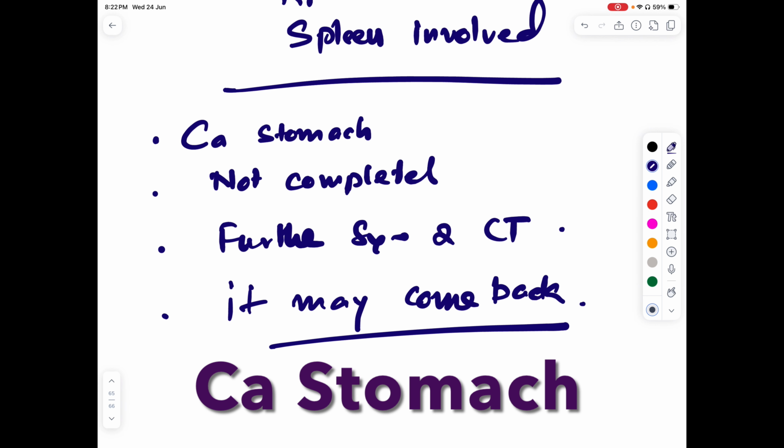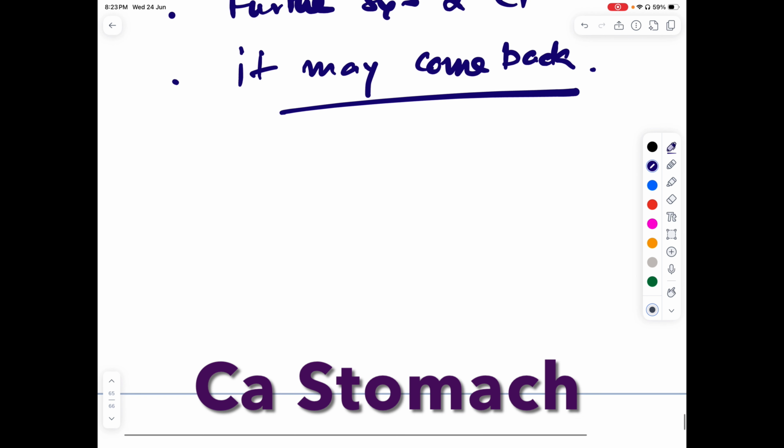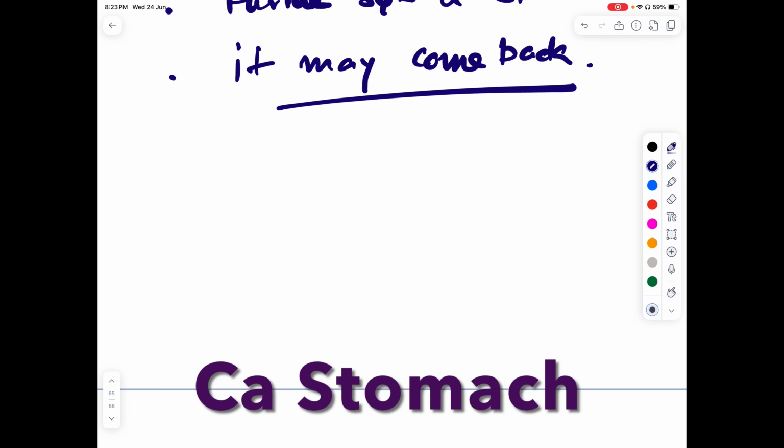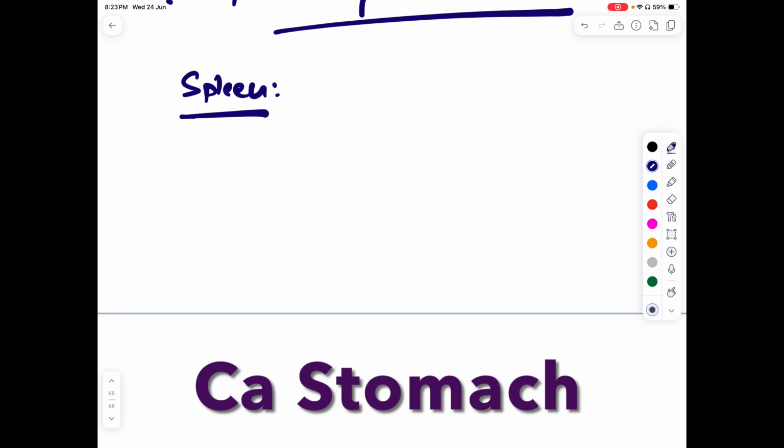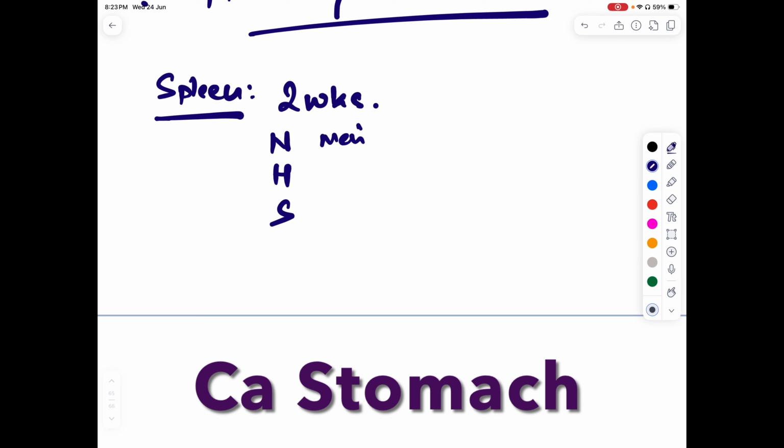What is the plan for post-splenectomy? The spleen is removed. So what you have to do is go for a vaccine 2 weeks after surgery, against encapsulated organisms: Neisseria meningitidis, H. influenzae, Streptococcus pneumoniae.